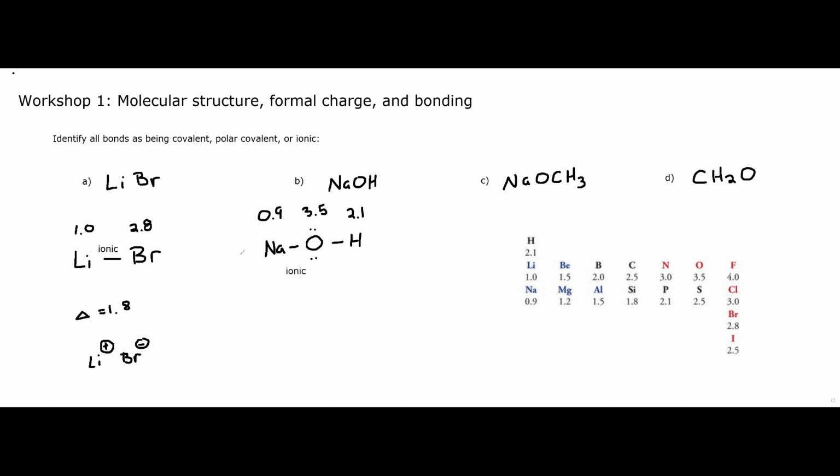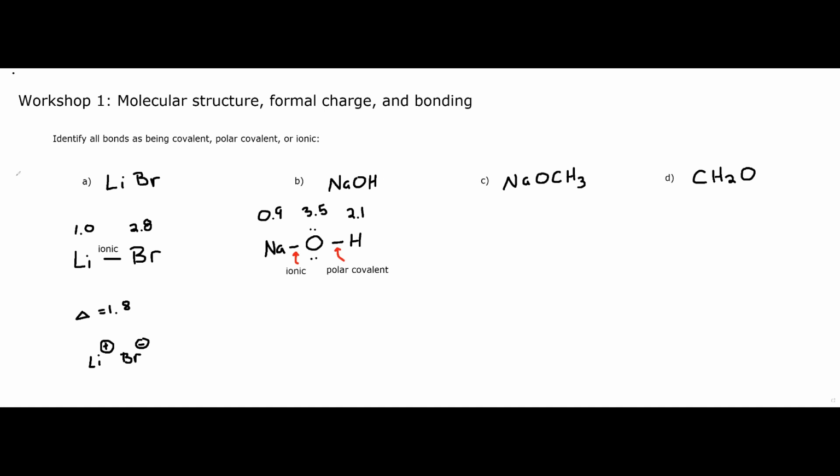So 1.4 will give us a polar covalent bond. Let's draw some arrows here. So ionic and polar covalent.